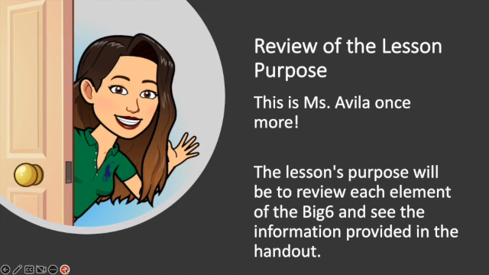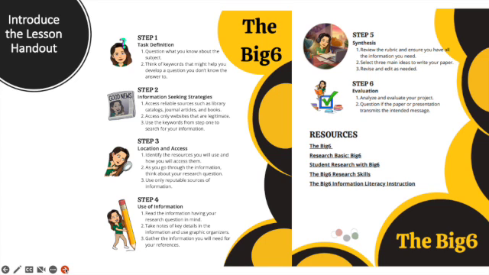The lesson purpose will be to review each element of the Big 6 and see the information provided in the handout. In here we have the lesson's handout. I specify each of the steps for the Big 6. So we have task definition, information seeking strategies, location and access, use of information, synthesis, and evaluation.